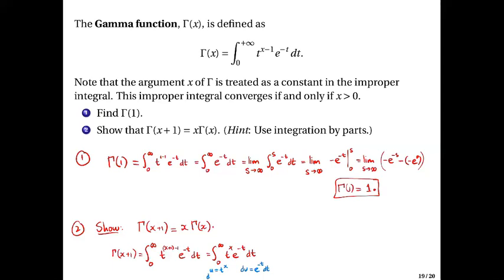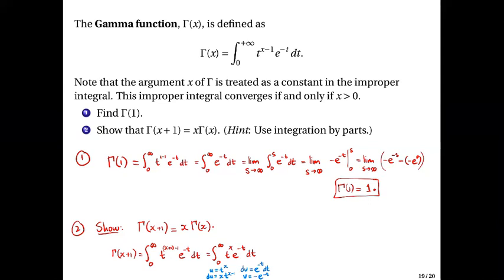So in here, du is x t raised to x minus 1. And then v here is negative e to the minus t. So in here, uv minus the integral of v du.